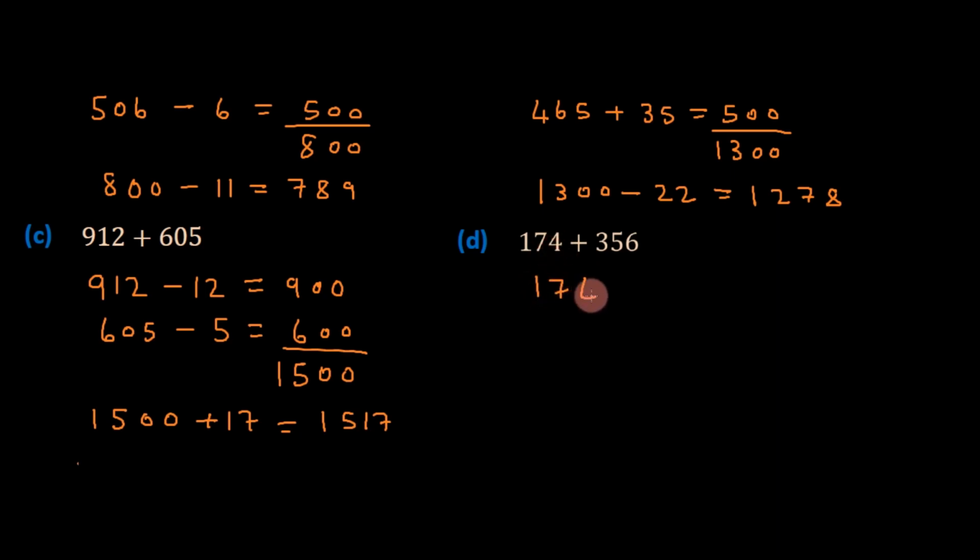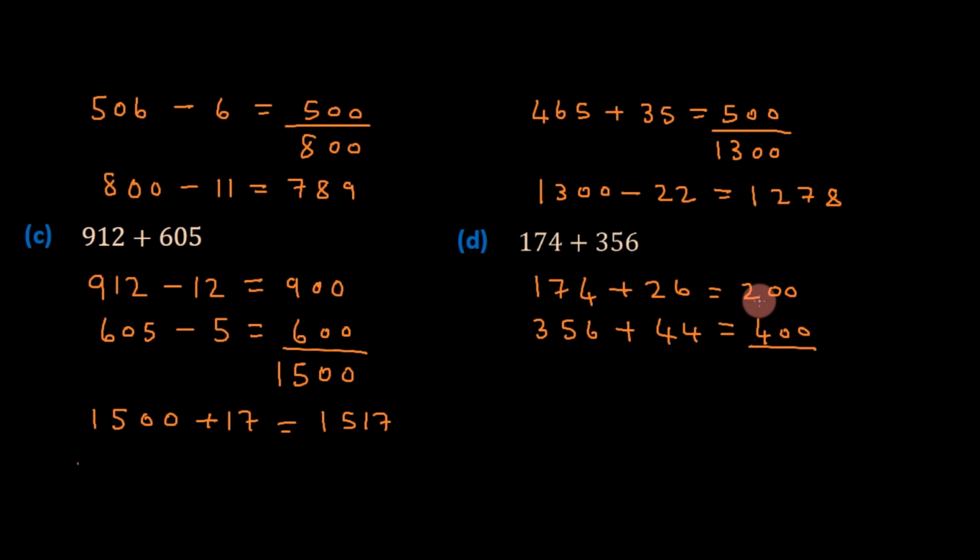Let's go to D. 174, we're going to round up by adding 26 to 200. 356 is closer to 400 than to 300. So we're going to round this up as well by adding 44. So that's 400.